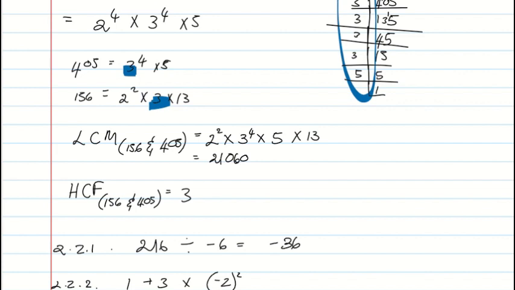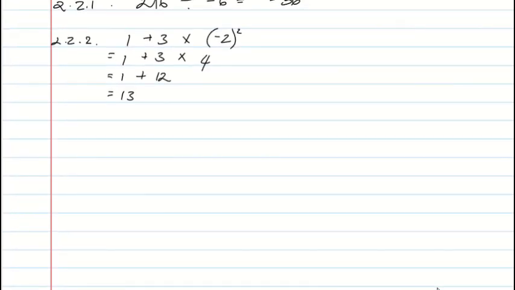It means the bracket multiplied with itself. So it's a negative times a negative, which equals a positive. So that is positive 4. Then what is 3 times 4? 3 times 4 is 12. Then 1 plus 12, and that answer is 13.